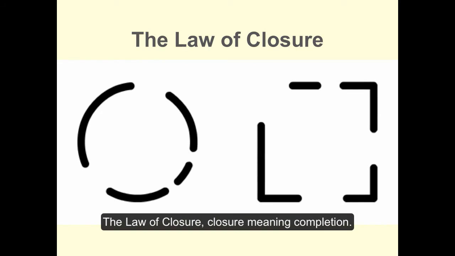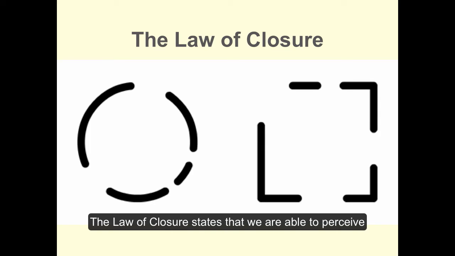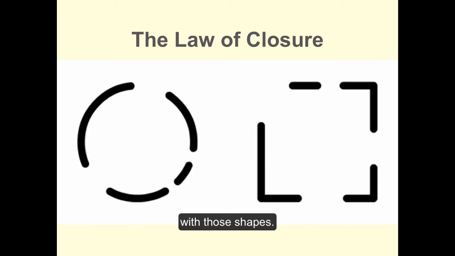Now, the law of closure, closure meaning completion, states that familiar shapes are more readily perceived as complete than as incomplete. So closure is that we close things, right? We complete it. The law of closure states that we are able to perceive these two examples here as a circle and a square very easily and very quickly because we are familiar with those shapes.